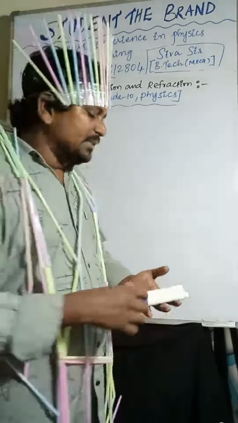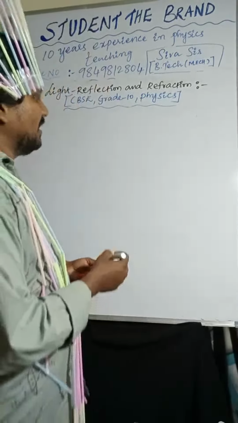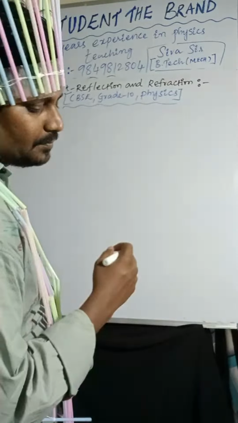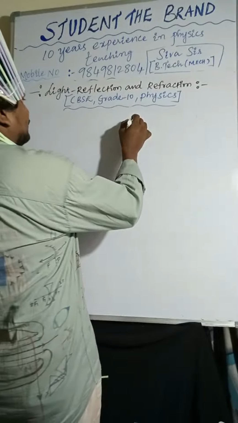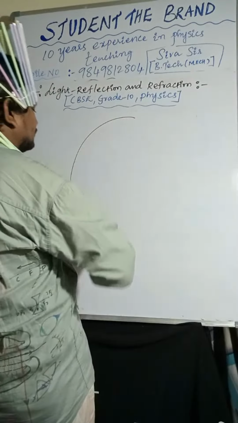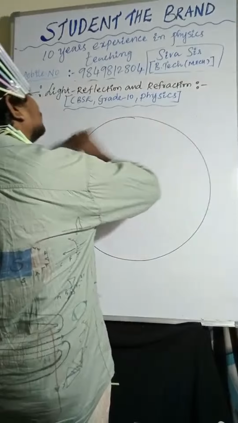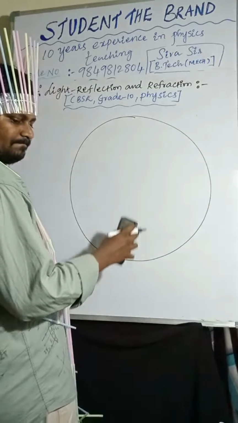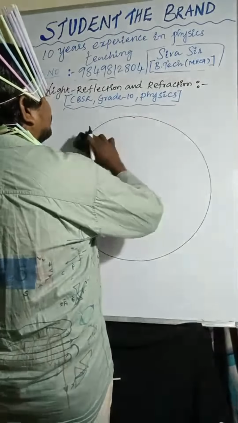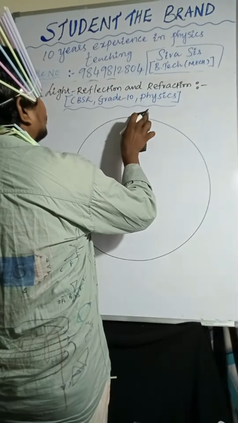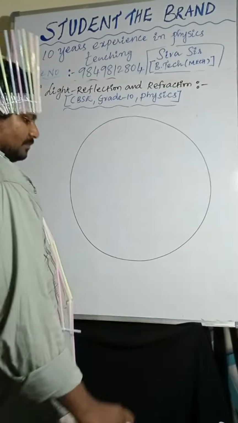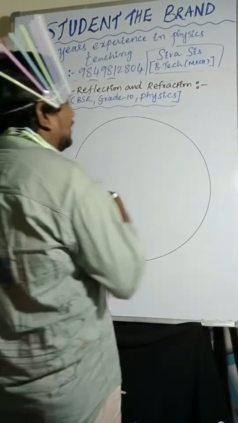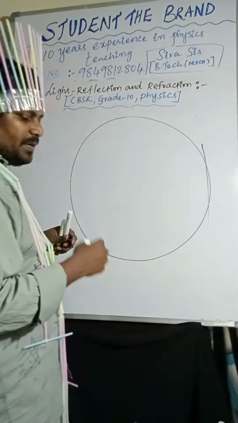So now I'm considering this here. A part of the sphere is called a spherical mirror.